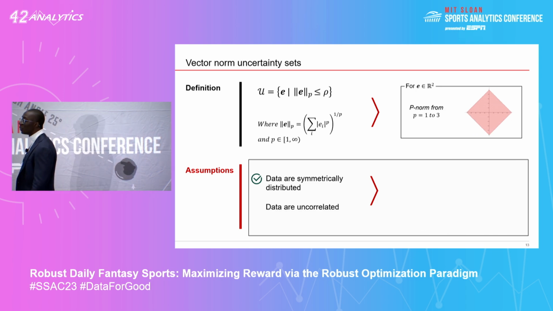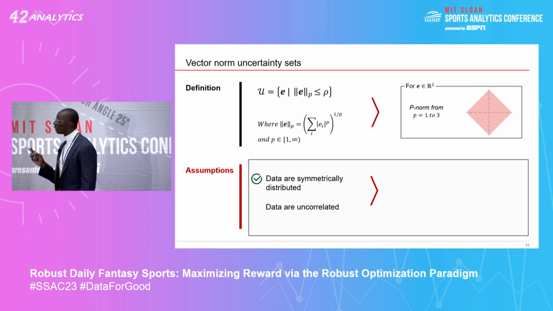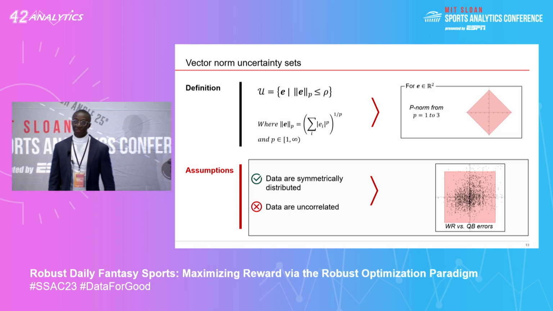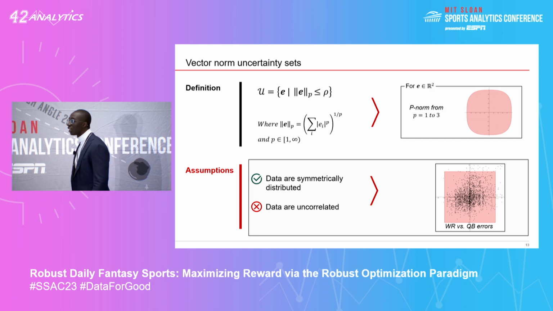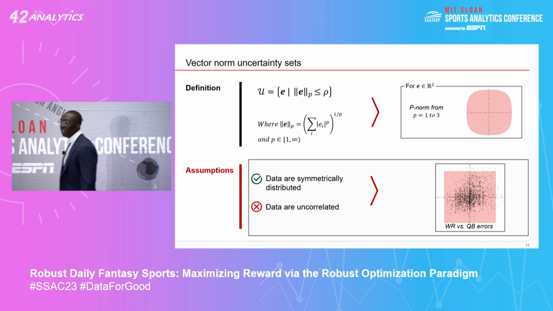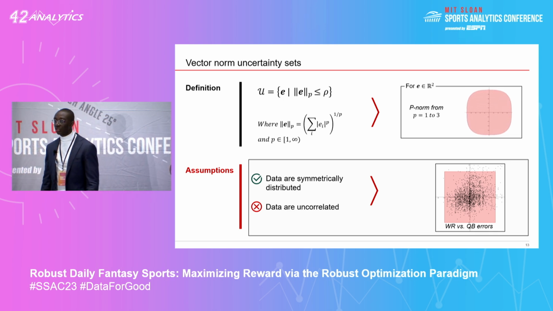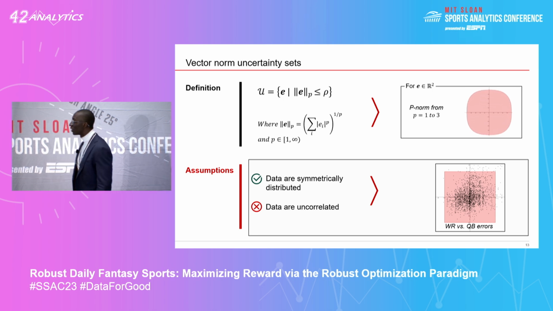But also we're assuming that the errors are uncorrelated. You can tell by the equal area in each one of the 4 quadrants. And that does not hold true for the data that I was provided. For example, I have the errors plotted between wide receivers and quarterbacks that are on the same team. And so when quarterbacks outperform their projections, wide receivers also tend to outperform their projections, which I think makes some sense.